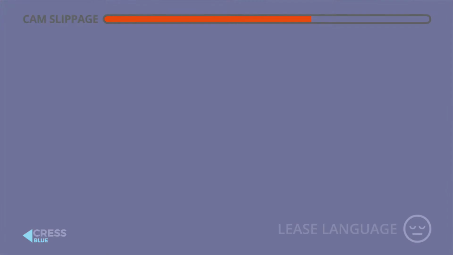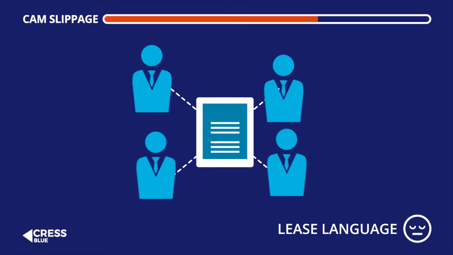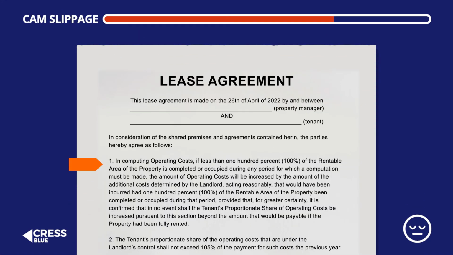Lease language. Leases often contain language that lease administrators don't actually understand. As a result, they never utilize and realize the benefits of many of the lease documents' negotiated terms. For example, leases often allow for the grossing up of variable costs to account for disproportionate usage when the subject property is not fully occupied.